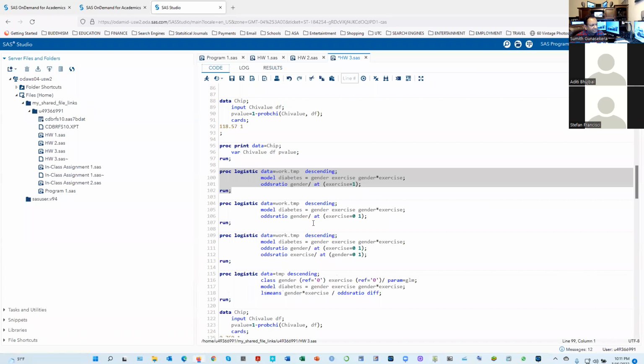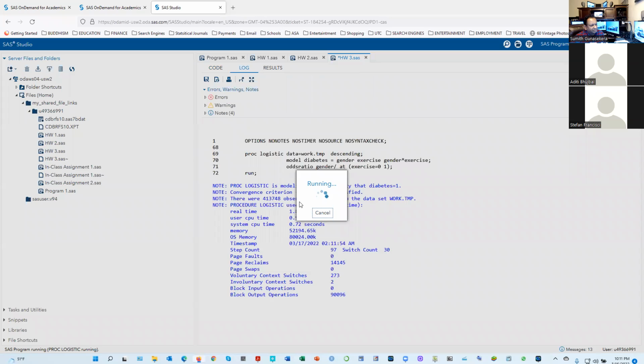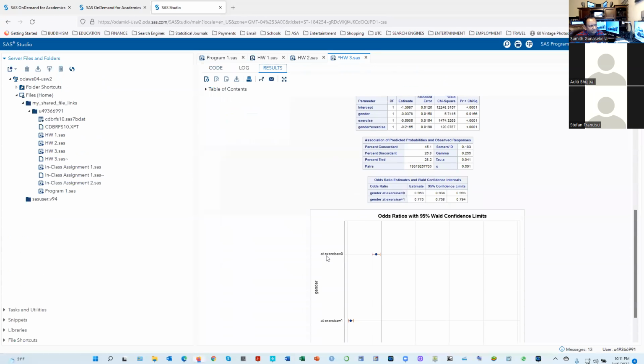Then gender again, exercise 0 to 1. Let's see what we have. Gender, but at the non-exercise level, whether the person gets diabetes, the odds ratio for getting diabetes for female to male, for a non-exerciser, is going to be 0.963.